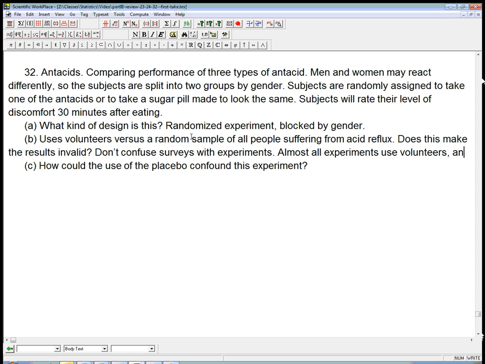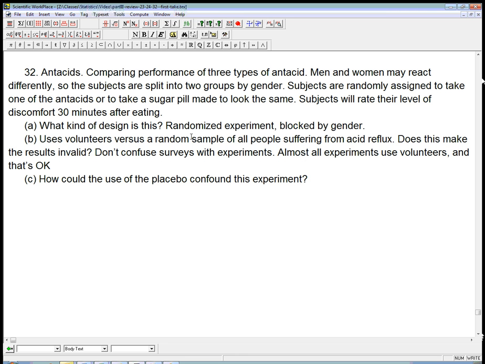And that's okay because we're not trying to determine something like the incidence of acid reflux in the population. We're not trying to determine a population parameter, to use the technical language. We're not trying to determine some unknown number about a population.